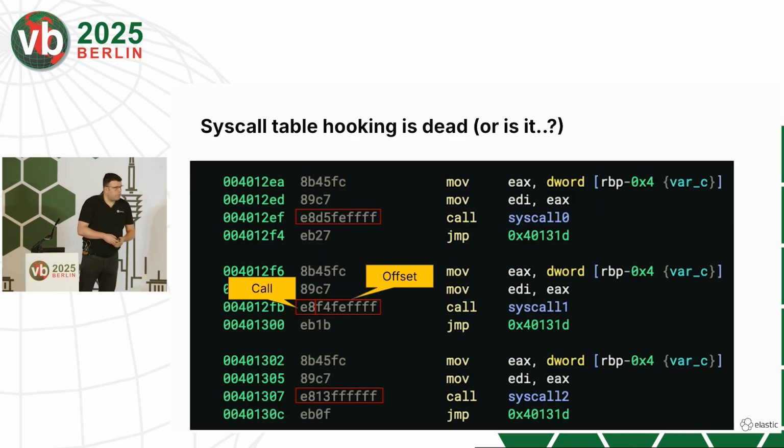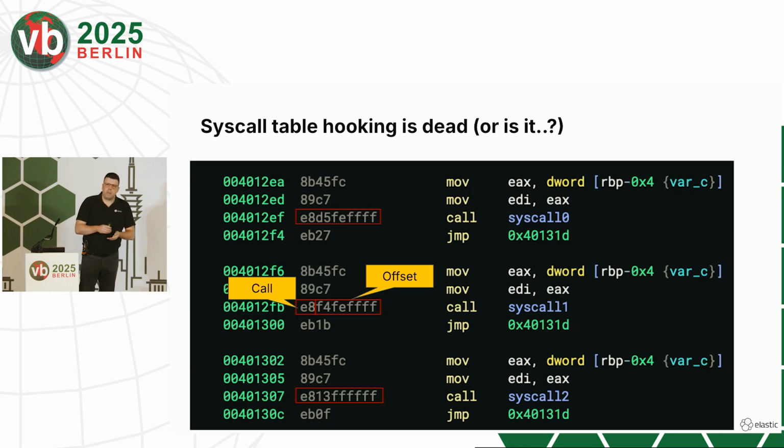Now, if you write a quick switch statement in C, compile it, and then decompile it, this is how it looks like. You see a list of calls, and I noted E8, the call instruction, and then it's followed by an offset based on the current instruction.